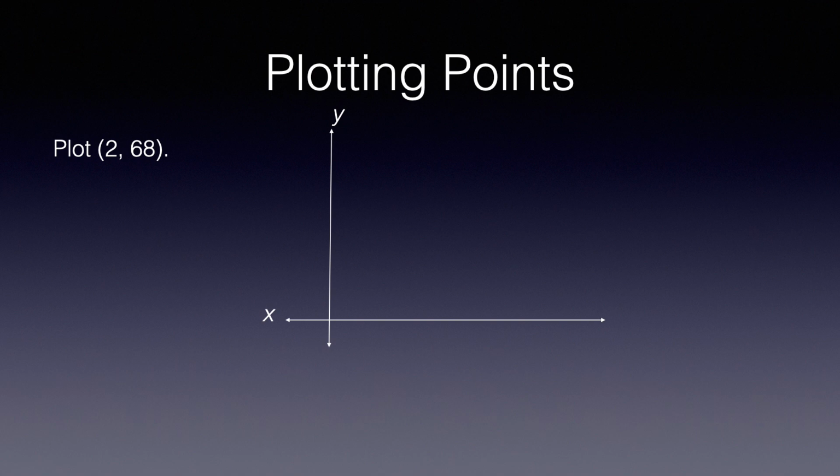In order to plot this point, I move to 2 on the x-axis, and then I move to 68 on the y-axis. Starting at the origin, I move over two spaces, and then up 68 spaces on the y-axis, and that is where I'm going to plot the point. So the point goes at the ordered pair (2, 68), which has an x-coordinate of 2 and a y-coordinate of 68.